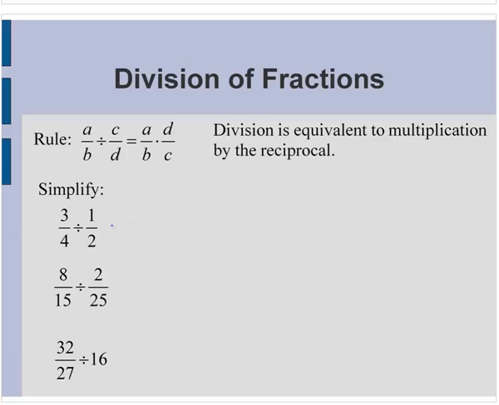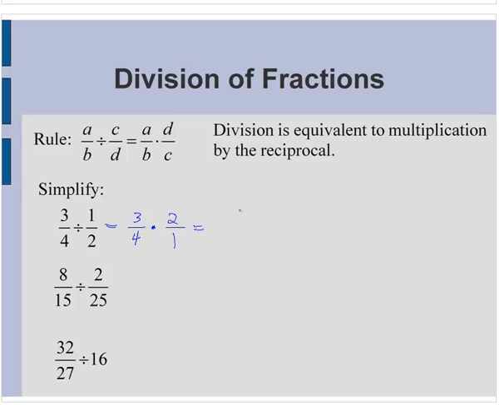So for example, 3/4 divided by 1/2 could be written as 3/4 times the reciprocal of 1/2, which is 2 over 1, or more simply 2. But let's just write it as 2 over 1 for now.